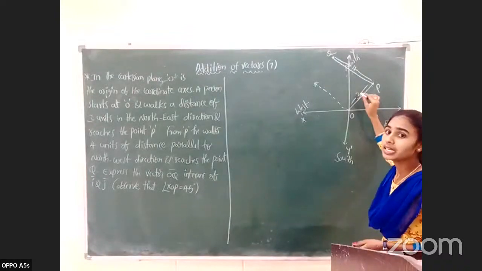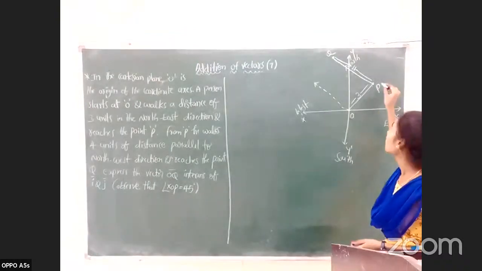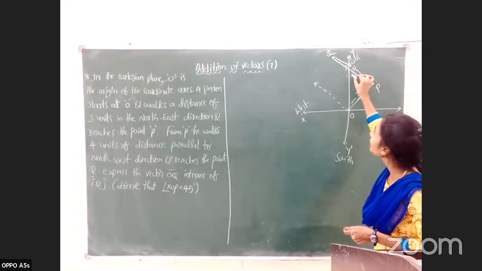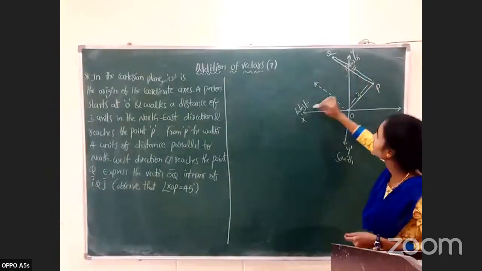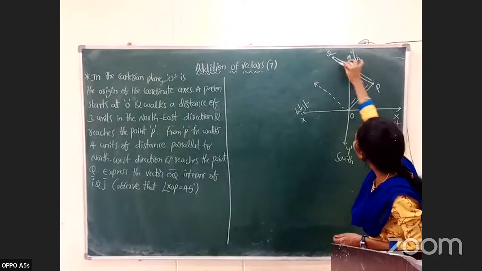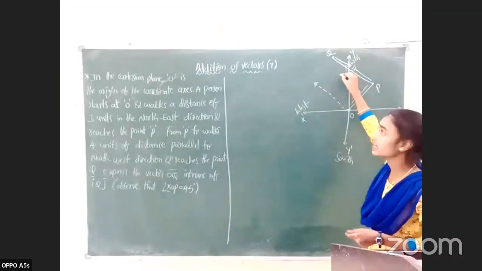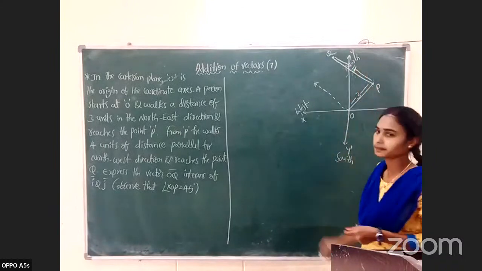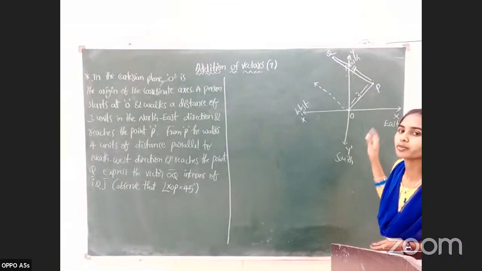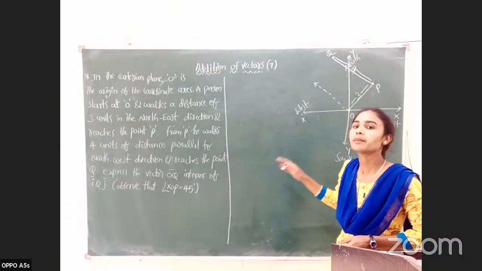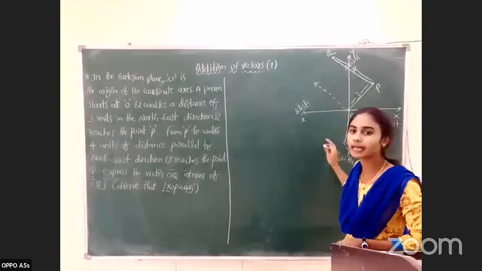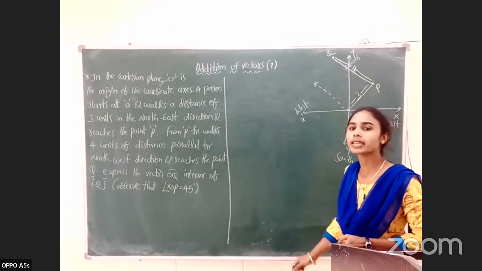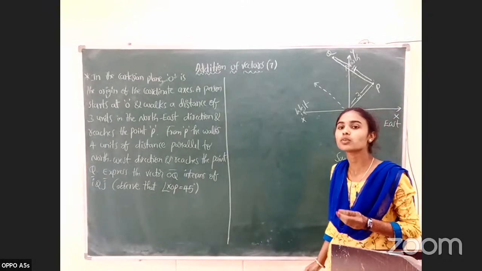And then after, he again starts walking at P, in the direction which is parallel to northwest. This is northwest, and this is parallel to the northwest direction, and he reaches the point Q, which is at a distance of 4 from P. This is the information given in the problem, and by using this information we have to find OQ. We have to express OQ in terms of i and j. That means we have to find the vector OQ.